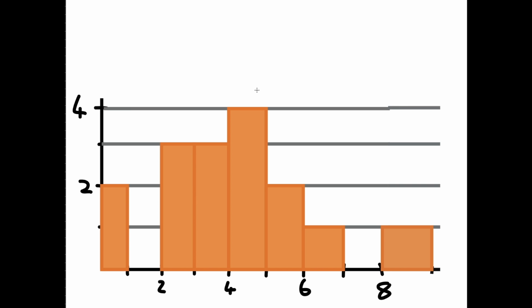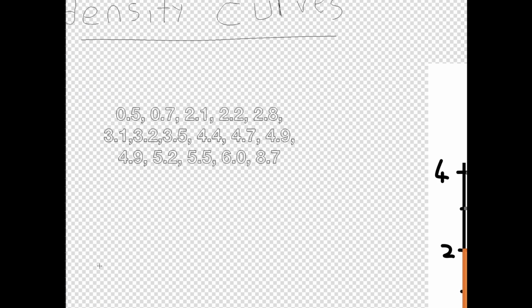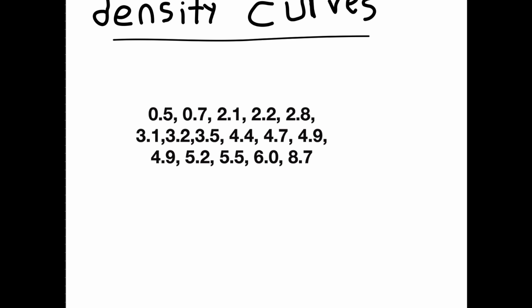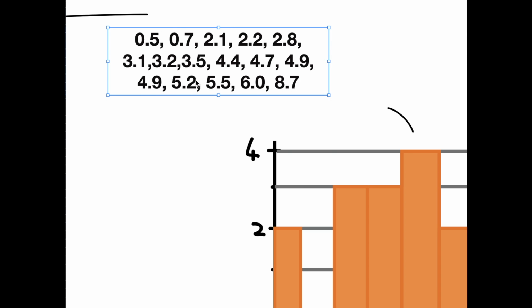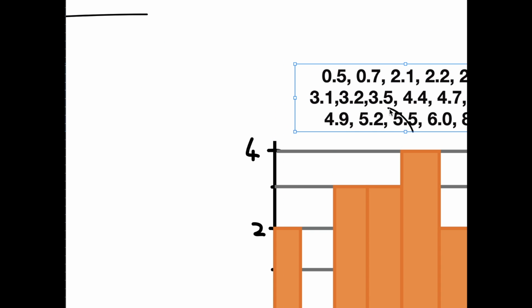As you can see, there are buckets here. There's 1, 2, 3, 4, and this bucket in here contains all the numbers in this set. Maybe I'll move this over here so we can see it.